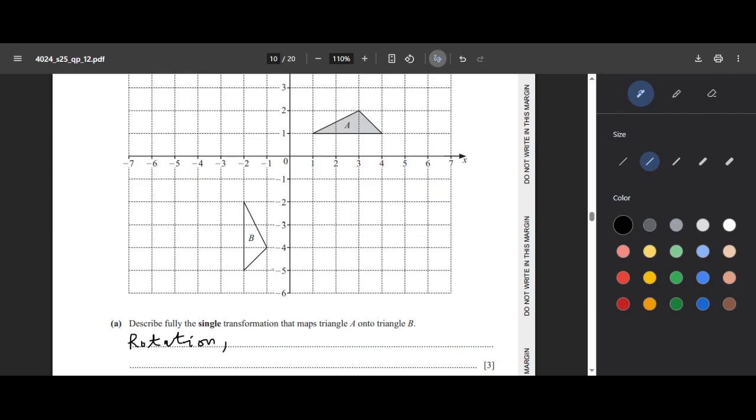For the center of rotation, we take the perpendicular bisector joining the corresponding points. So these are the corresponding points. You can see that all the squares are equally divided. So the perpendicular bisector of this line will be here.